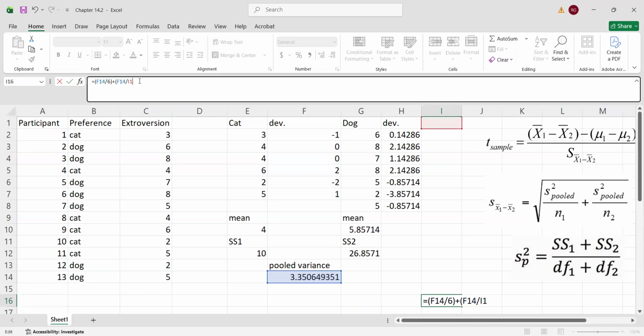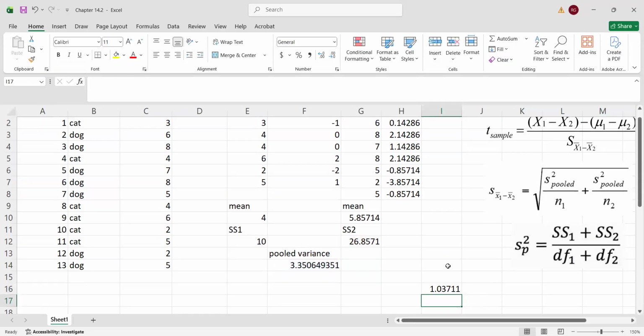I'm going to divide that by the total number of people in group 2, which is 7. All right, so let's see. Making sure we got what we got here. We got pooled variance divided by N1, 6 people, plus pooled variance divided by N2, 7 people. Looking good. That's just this internal piece right here, but we're not done.